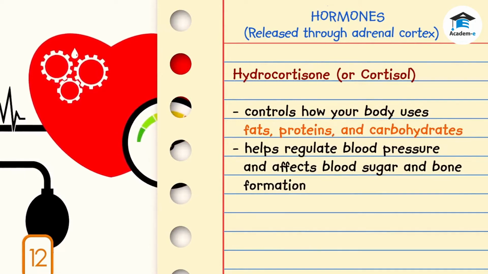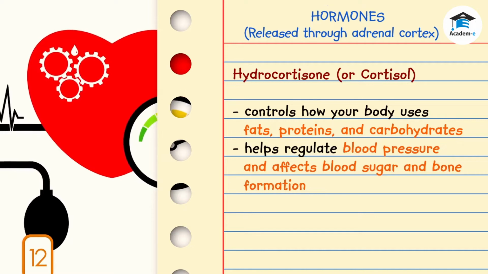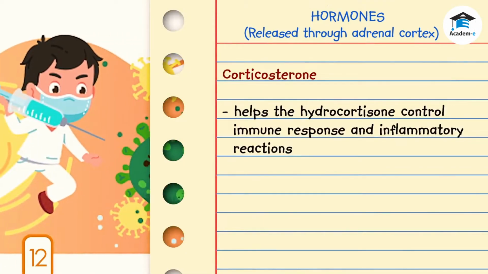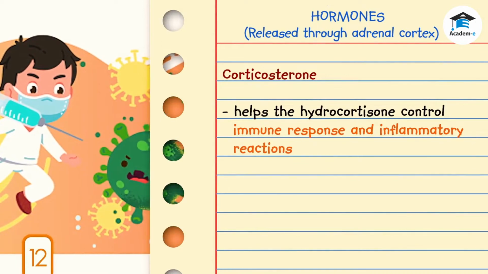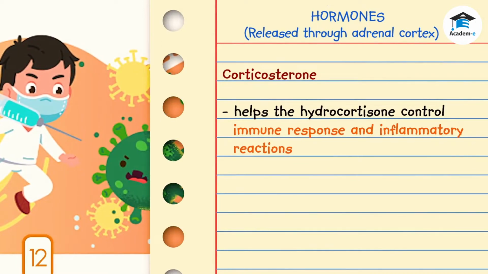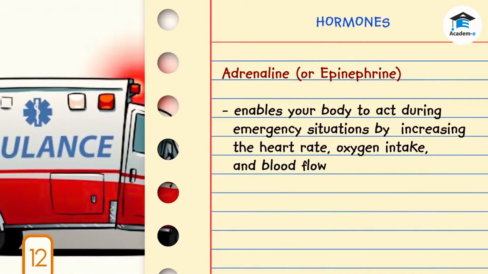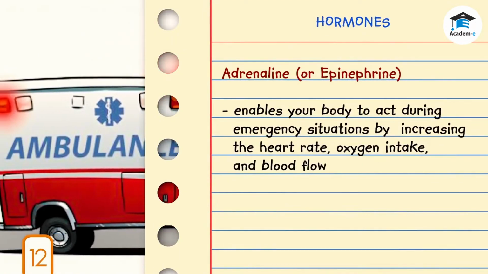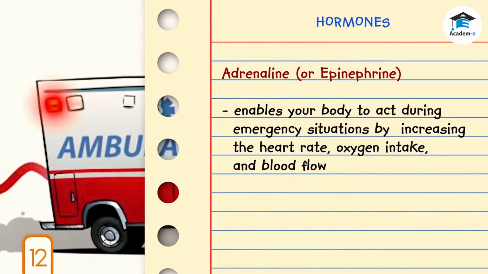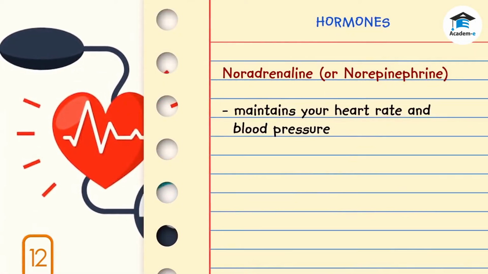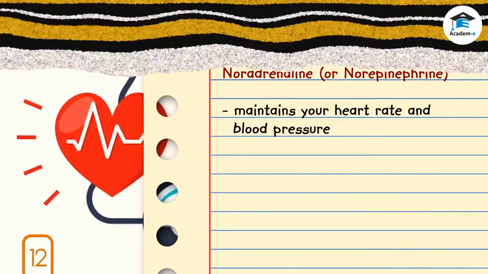It also helps regulate blood pressure and affects blood sugar and bone formation. Corticosterone helps the hydrocortisone control immune response and inflammatory reactions. Released through the adrenal medulla, adrenaline or epinephrine enables your body to act during emergency situations by increasing the heart rate, oxygen intake, and blood flow. Noradrenaline or norepinephrine maintains your heart rate and blood pressure.